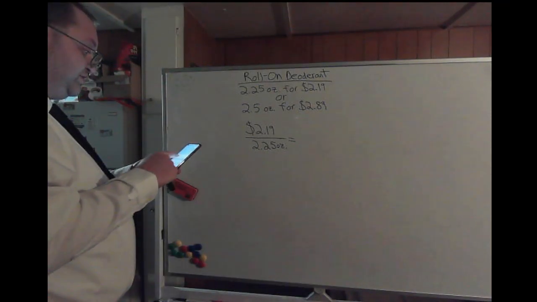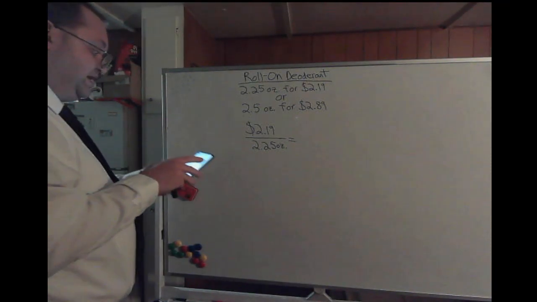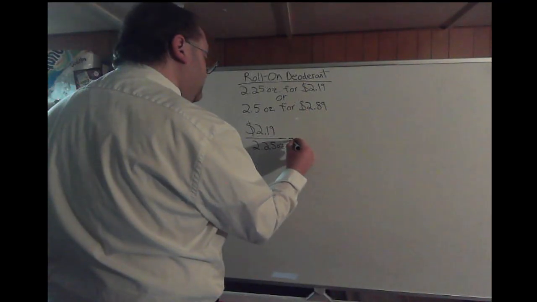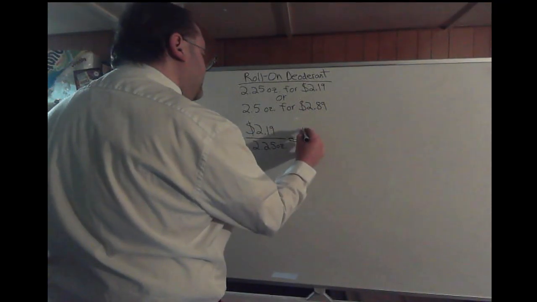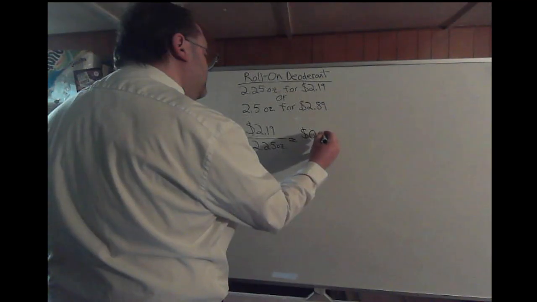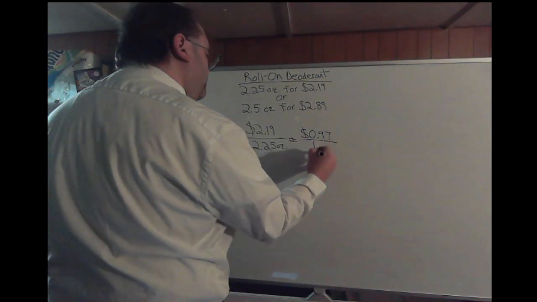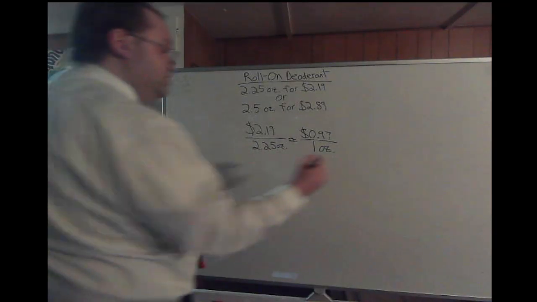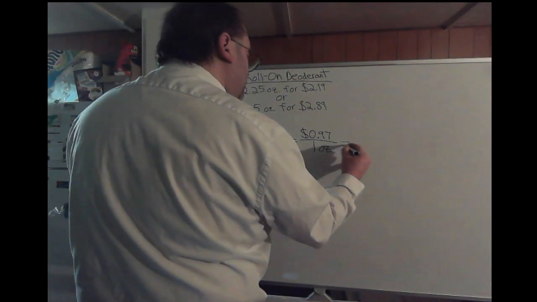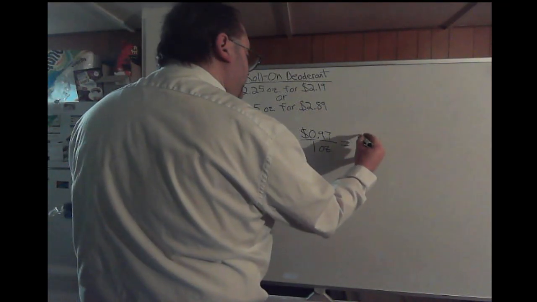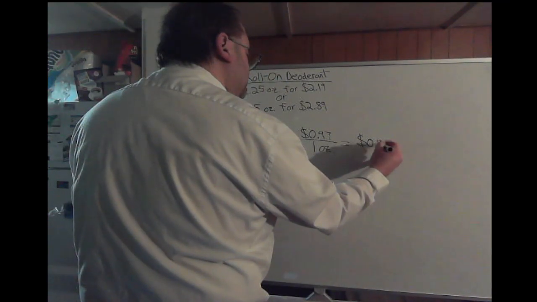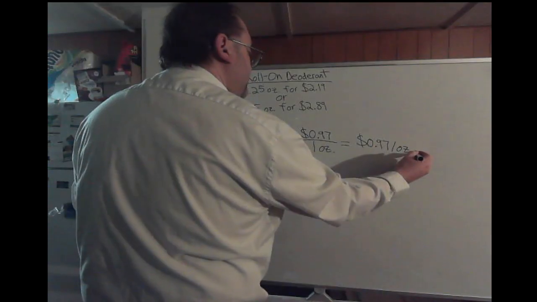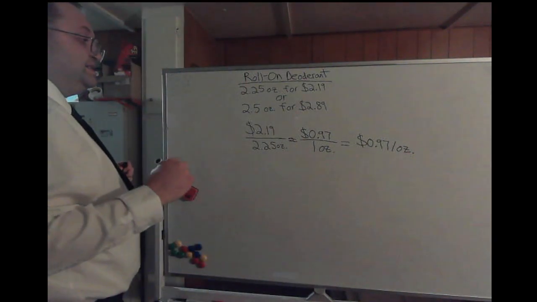So we'll start there. 219 divided by 2.25. That comes up to about 97 cents an ounce. So 97 cents per 1 ounce, because you divided both numerator and denominator by 2.25 ounces, which can be rewritten as $0.97, so 97 cents per ounce. Alright, so that's the first one, 97 cents an ounce.